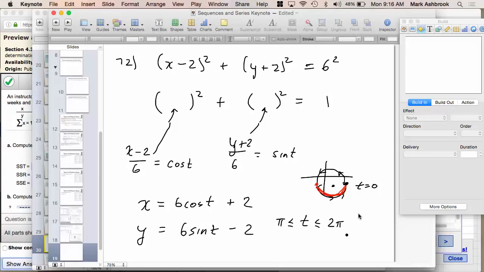So what else could we do? We could also do t from 85 pi to 86 pi. Is that right? Is that good?